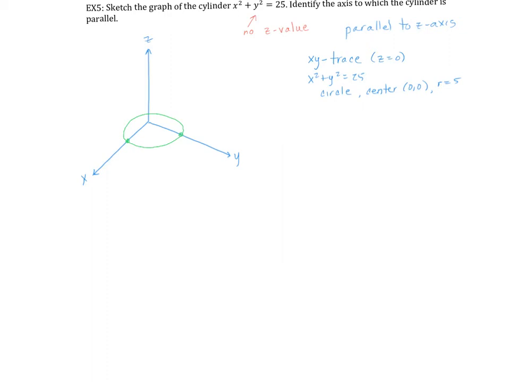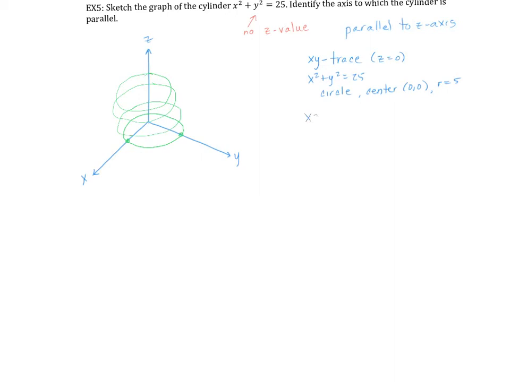Now I already know it's parallel, sorry, to the z-axis. So I'm thinking this is a traditional cylinder that just kind of goes up like this. Well, that is a very, very sad graph. But I'm going to double check by looking at the other traces.